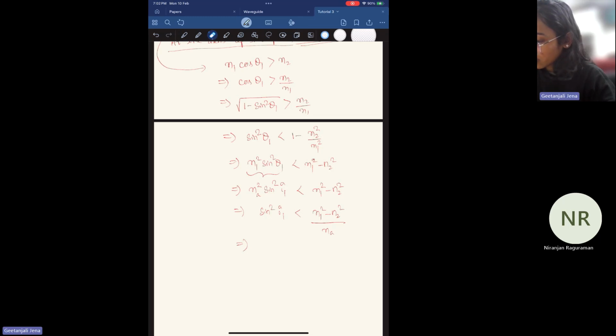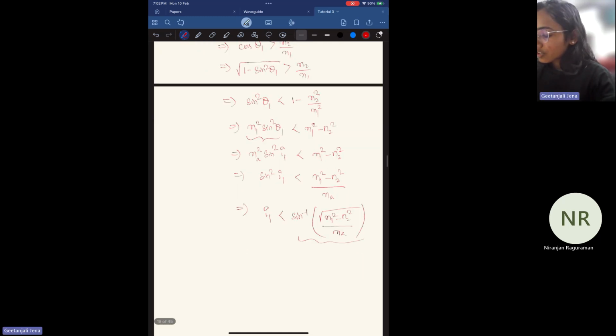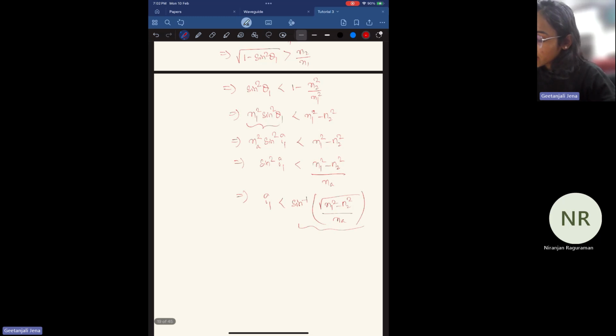let us see what I1 is now. I1 should be less than sine inverse of square root of n1 square minus n2 square over na. So this is the I max value. The question was asking about numerical aperture, so na is sine of I max, which is nothing but square root of n1 square minus n2 square.